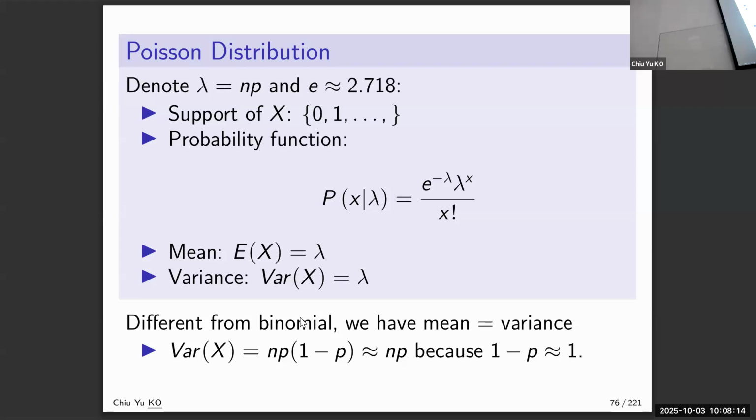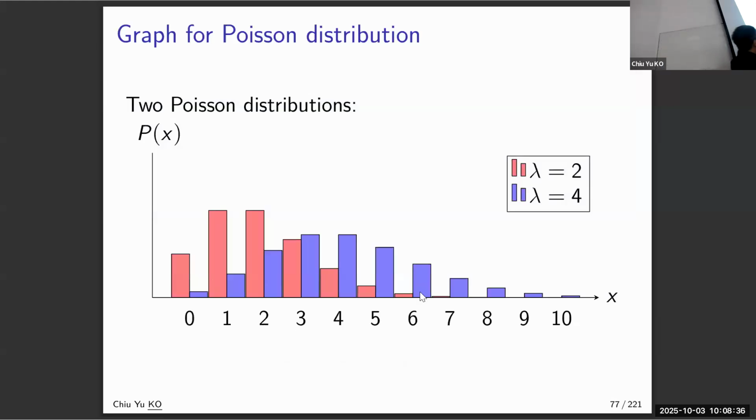Okay. And there are so many applications of Poisson. I can't really list them one by one, but when you try to model how many people would come within a certain period of time, Poisson is the first choice you would want to try. Let me give you an example. But before we do that, you will see the Poisson with a smaller lambda is concentrated, and the bigger lambda is more spread out.